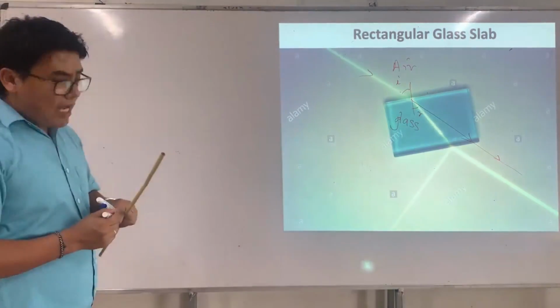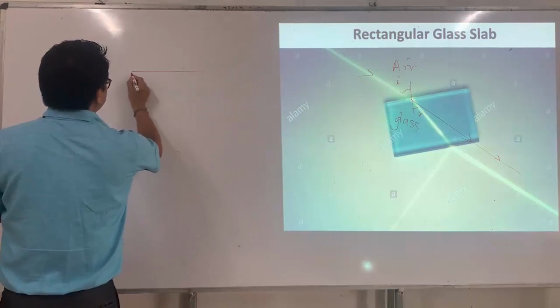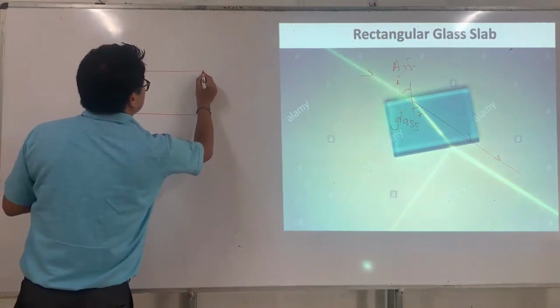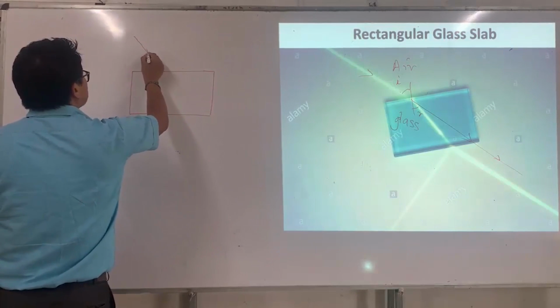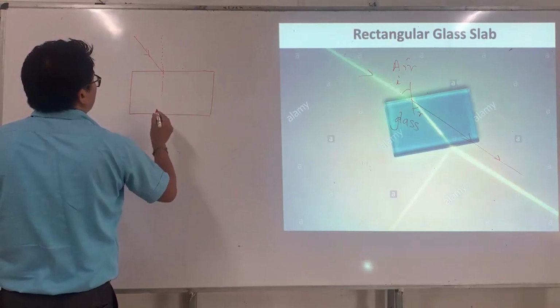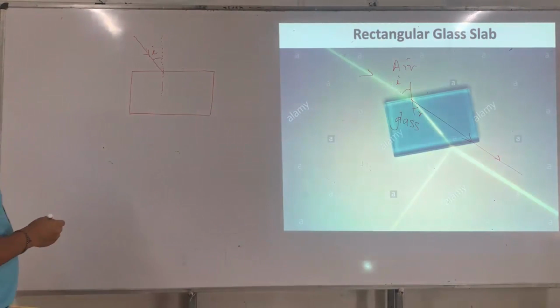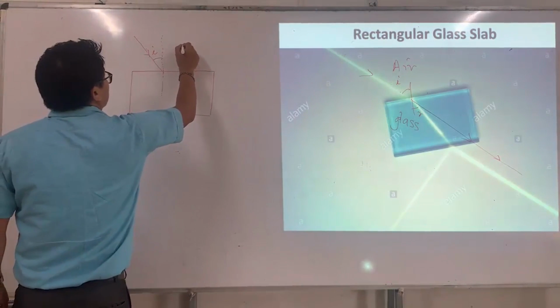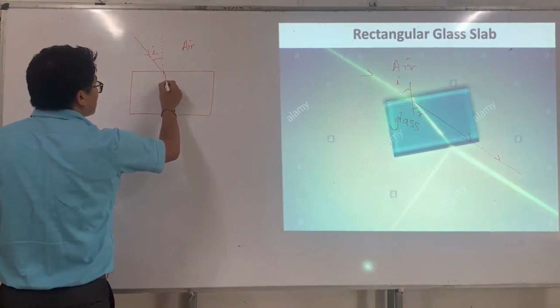Now let us do this. I have a glass slab here. Alright. Incident light. This is the angle of incidence. Then this is the air medium. And now the bending is towards the normal.